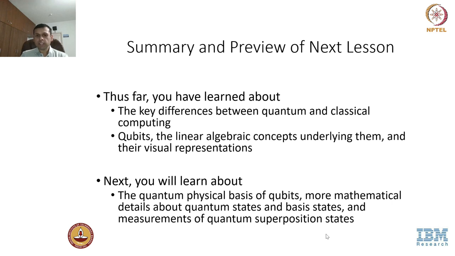You will learn more mathematical details about quantum states as well as the basis states that they are linear combinations of, and you will see how to measure quantum superposition states. We alluded to this when we talked about how a qubit collapses to a 0 or 1 state. You will find out what the notion of quantum state measurement is and how we can measure quantum states. See you next module.